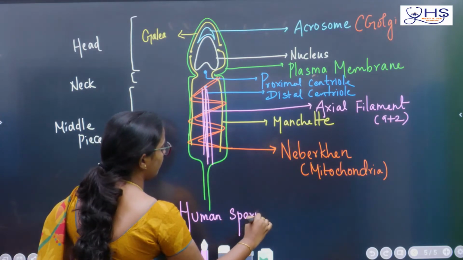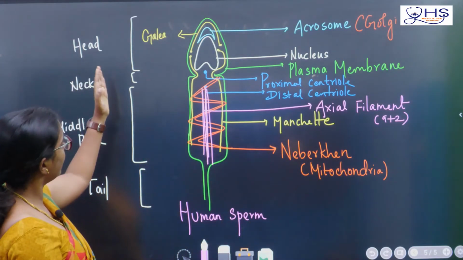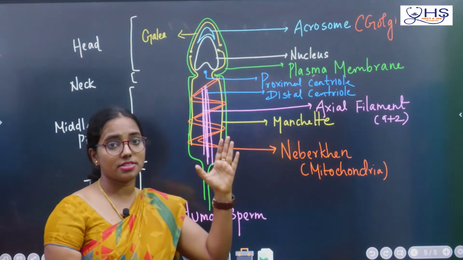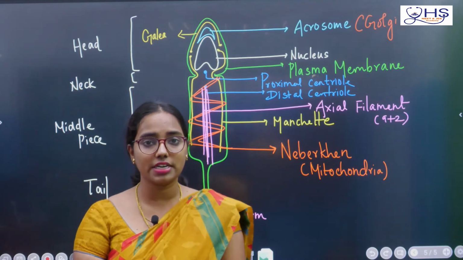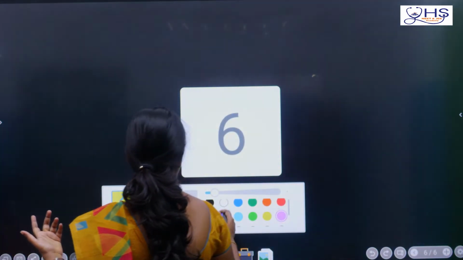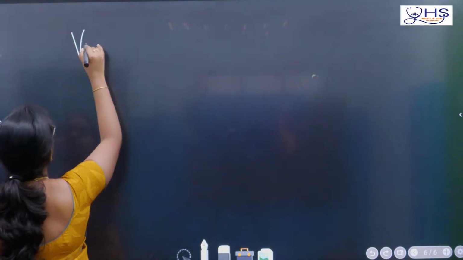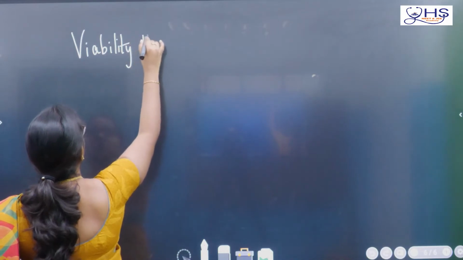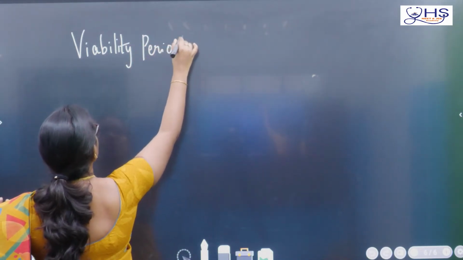So the human sperm has four different parts: head, neck, middle piece and tail. The retention capacity of the sperm, that is, its ability to fertilize the egg, we can call the viability period. What is the viability period?